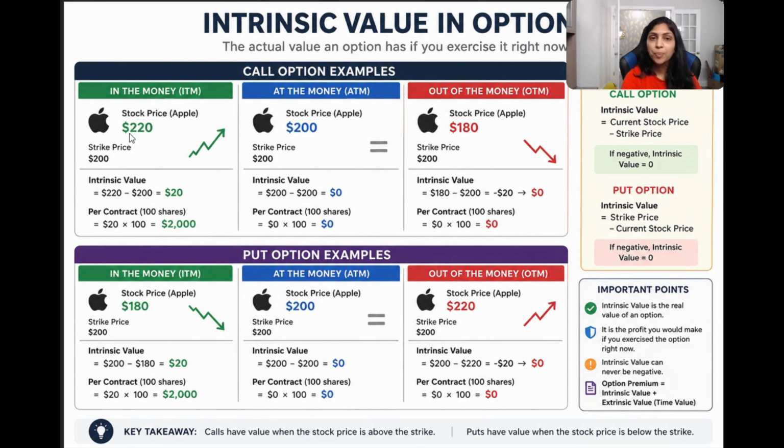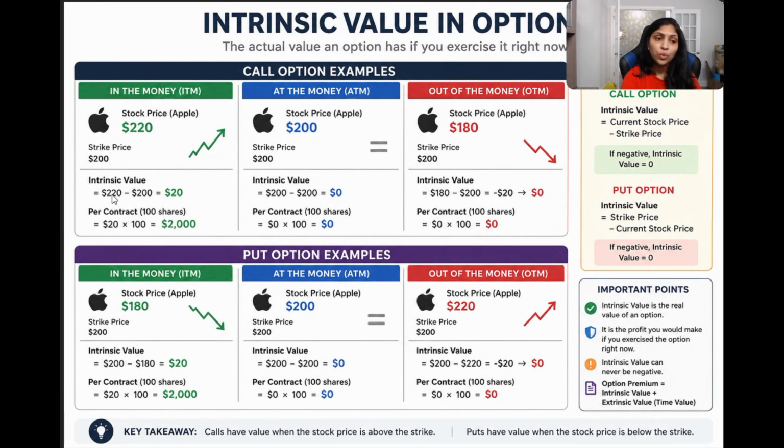I just gave random prices. First, in the money: the stock price is around 220, but we got the strike price at 200, which means lesser than the stock price. So this is how we can calculate the intrinsic value.